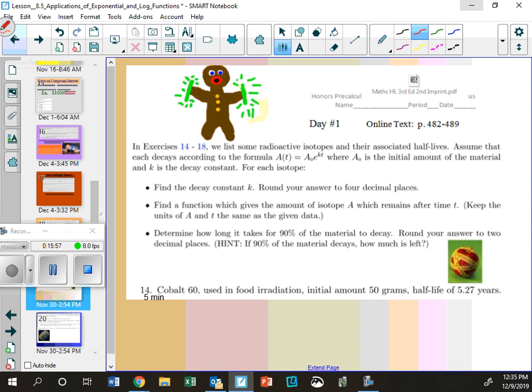Don't get confused by this cobalt 60. It's not a number that we need in our equation. It's just the name of this stuff. Okay. Initial amount, 50. That's important. Where would that go? 50 goes there in amount 0. Half-life of 5.27 years.